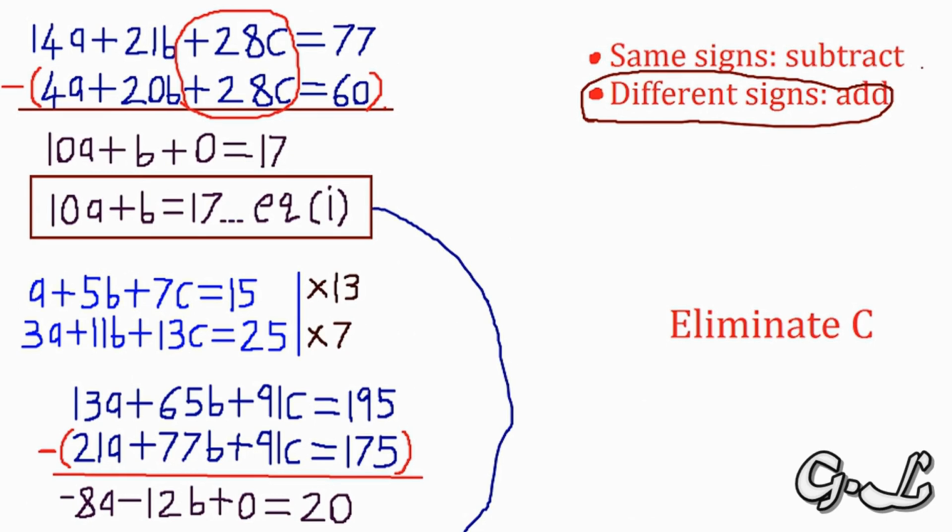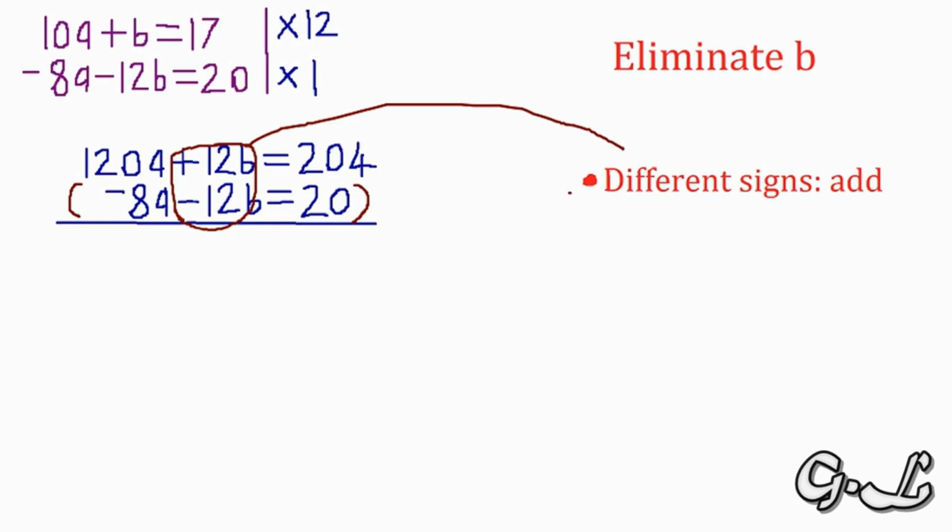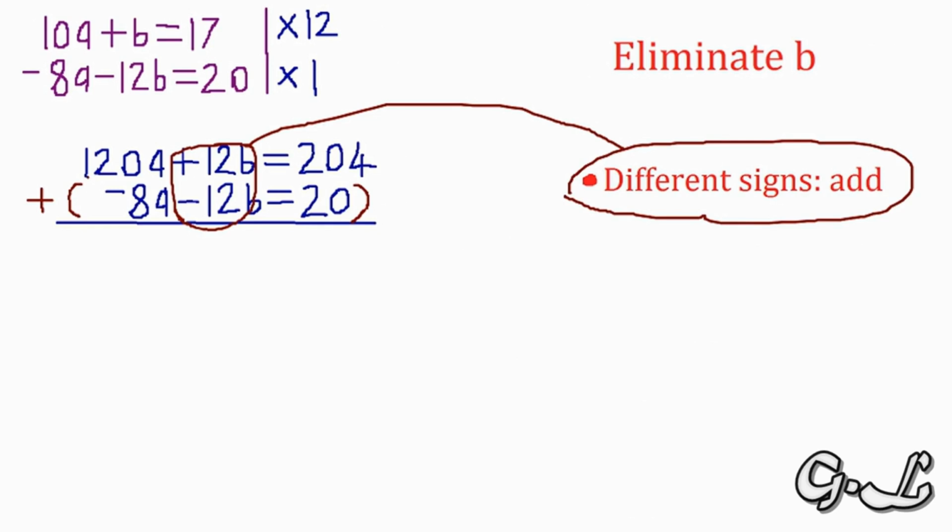But in such a case, we have different signs: there is a positive 12b and there is also a negative 12b. So what we can simply do is add. As long as you have different signs, you need to add to eliminate that.